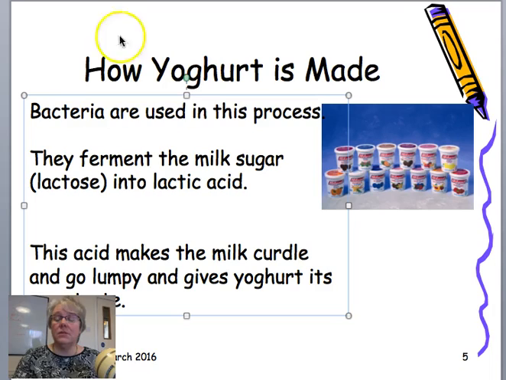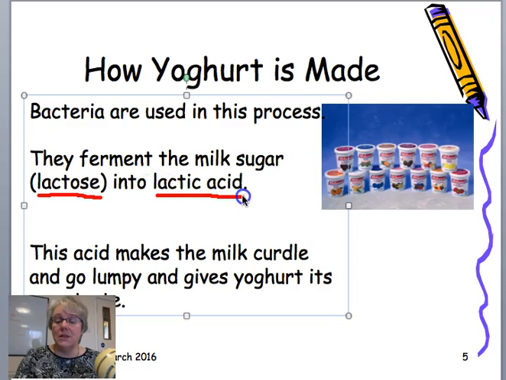Now, I've just said when we're making yogurts, we use bacteria. What the bacteria actually do is they are involved in fermenting the sugar that is there in the milk. Now, there's a sugar in the milk which is called lactose. And what happens is the bacteria break that lactose down into lactic acid.